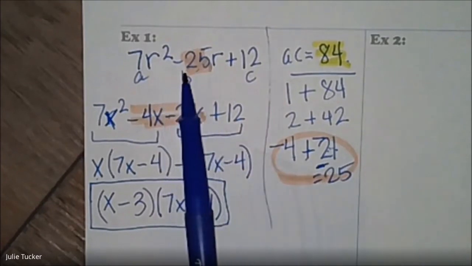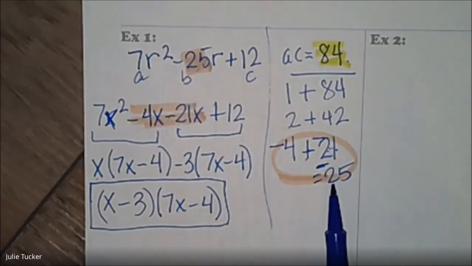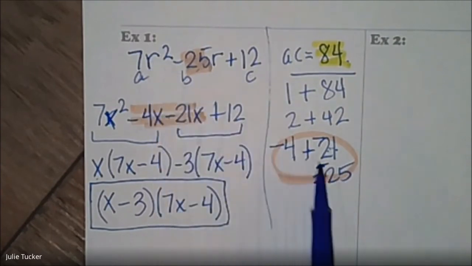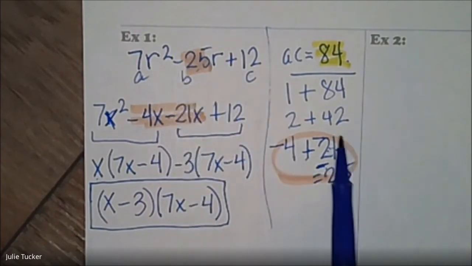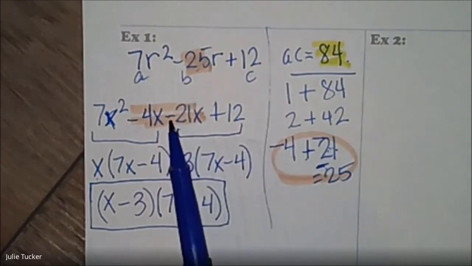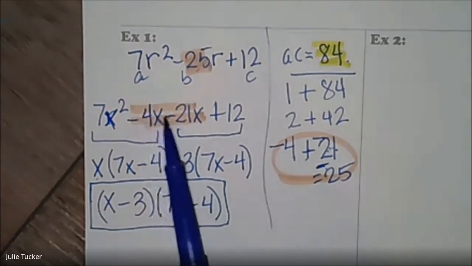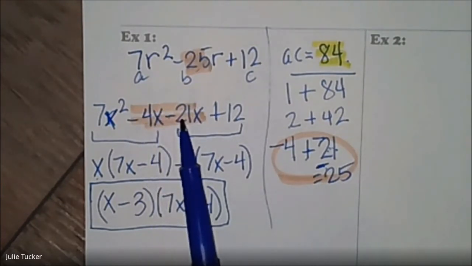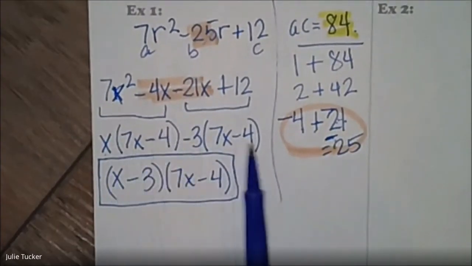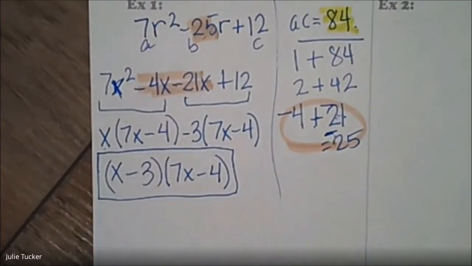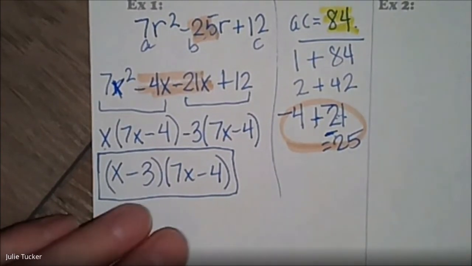Then when you get to the factors that have the same number as the middle term or their sum, when you add them together, then you just check your signs to make your signs match. And you use those numbers to split up the middle term into those two numbers. Then after you split it, you do that grouping that we just learned how to do earlier. Okay, let's do another one.